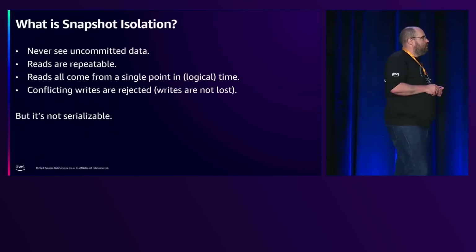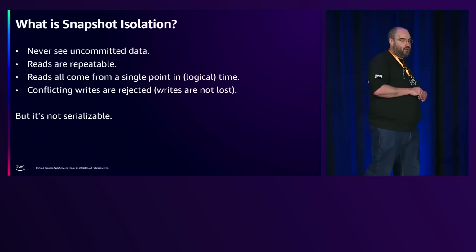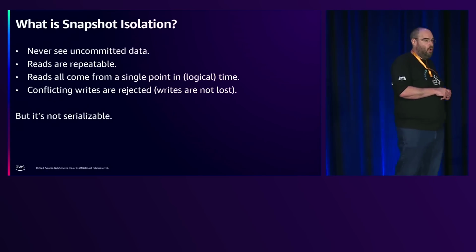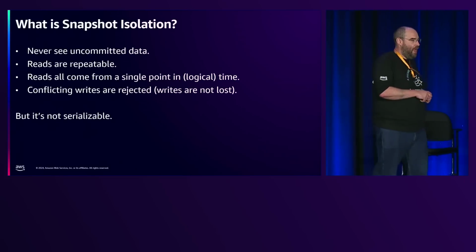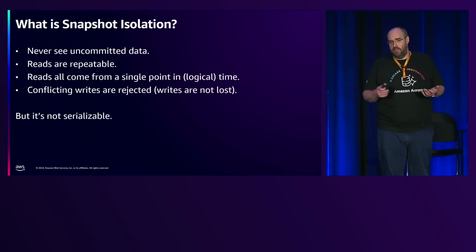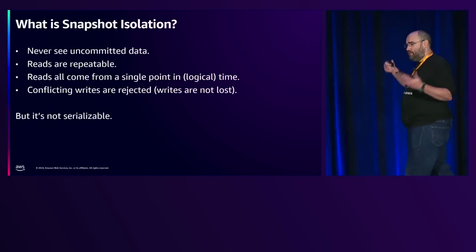Snapshot isolation, you never see uncommitted data. So you never see data from other transactions in the system, whether they are going to go on to commit or go on to roll back. And that one is easy to implement for us because the QPs never talk to each other, and so there just is no path where you could see uncommitted data.